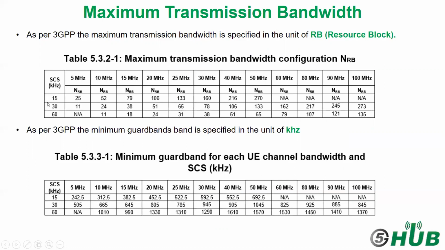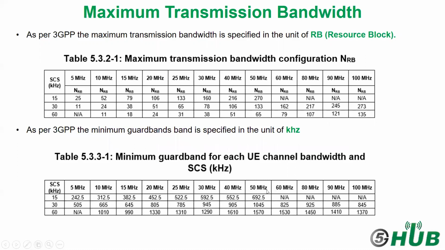So the maximum will be related to the number of resource blocks per each subcarrier spacing in kilohertz. So for example, for bandwidth 50 megahertz, the maximum number of resource blocks to be used in subcarrier spacing 15 is, for example, 207. And also the minimum guard band is specified, but here the unit will be kilohertz.